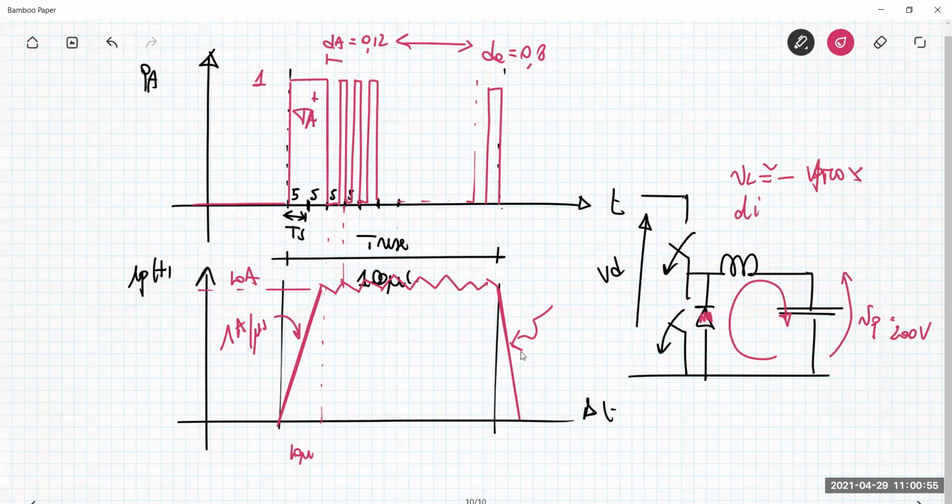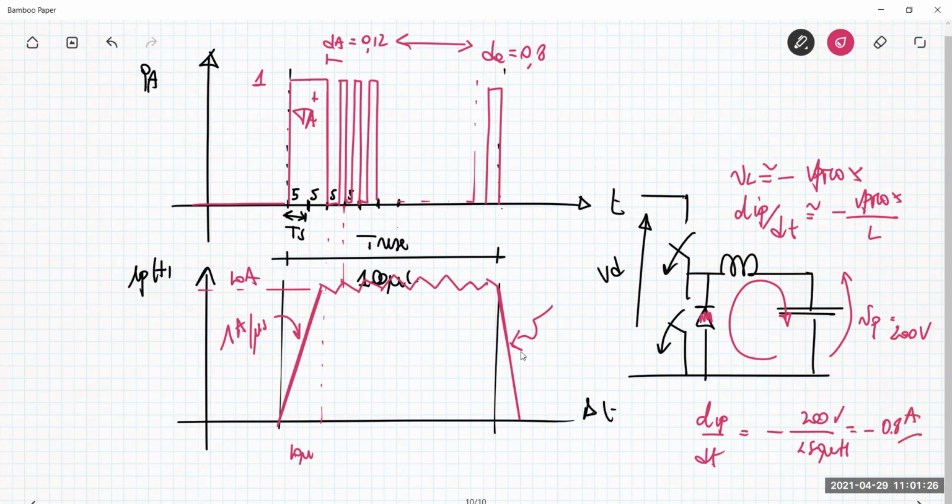So we can say that VL is basically negative VP max. And so the dIP over dt is negative VP max over L. If I choose L to be 250 microhenry, then dIP over dt is negative 200 volts over 250 microhenry, and this is negative 0.8 amp per microsecond.